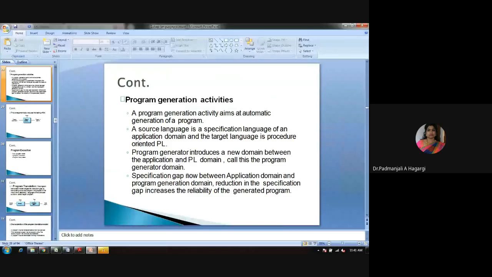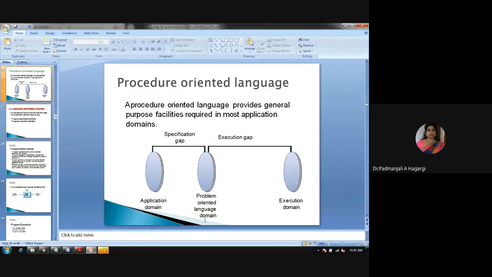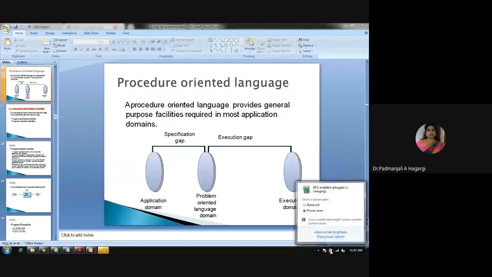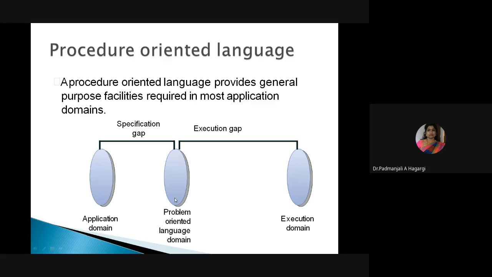Now the specification gap between the application domain and the program generation domain. Reduction in the specification gap increases the reliability of the generated program. The point here is that in the specification gap, we need to go to a programming language where there is proper reliability in the program, and the program should be very fast.